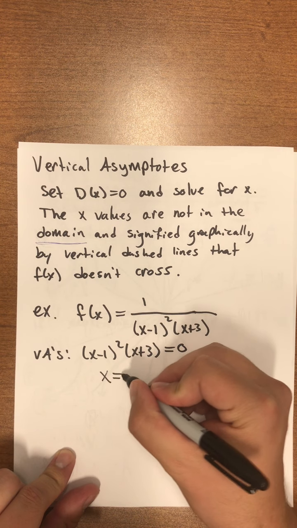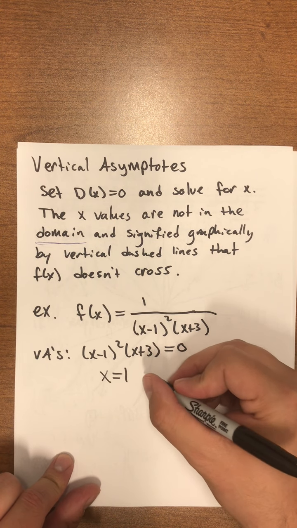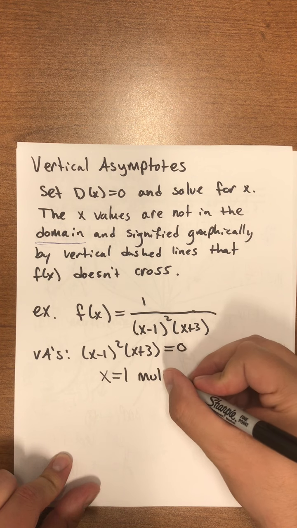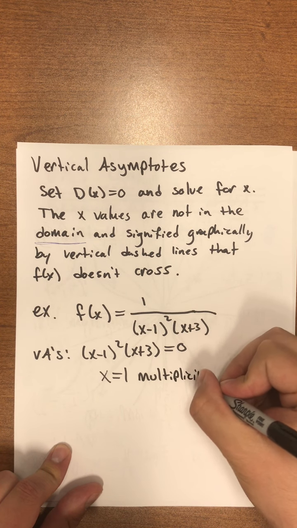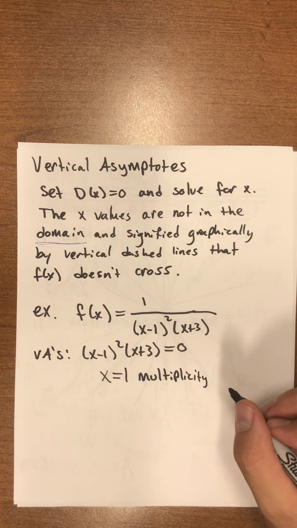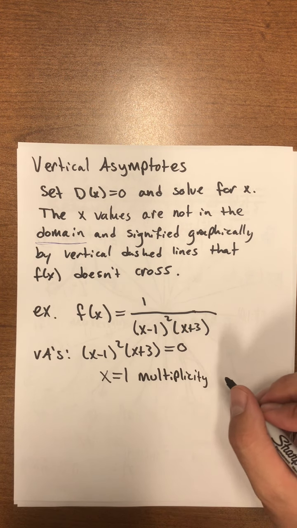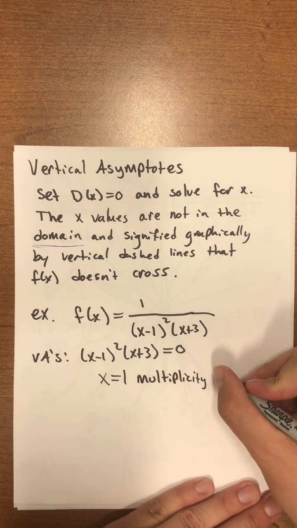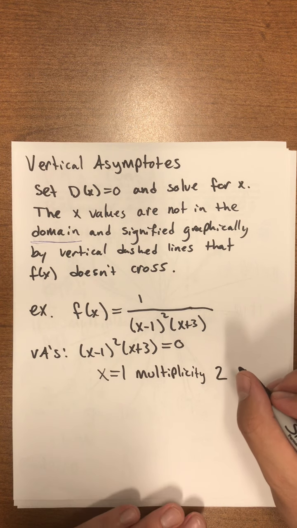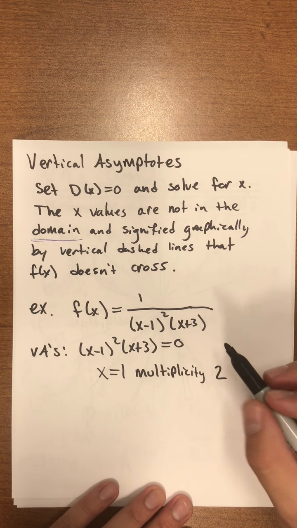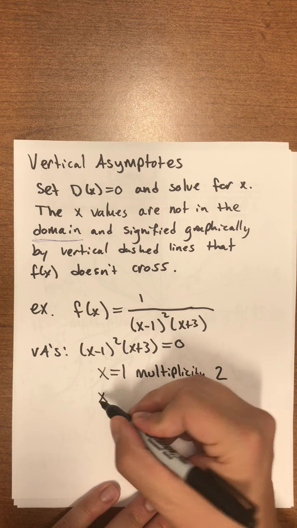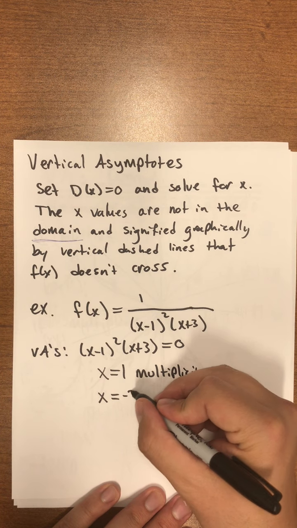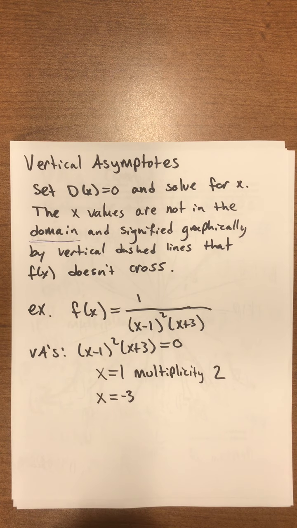On the graph, we call that a vertical asymptote. So you set the denominator equal to 0. This is a root in the polynomial in the denominator, so we still have to consider multiplicity. The multiplicity at x equals 1 is 2, since it's to the second power, and then for the factor x plus 3, when we solve that, that would be x equals negative 3. It has a multiplicity of 1, and you do not need to write multiplicity 1.